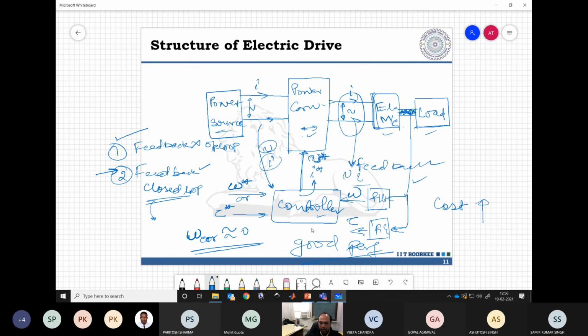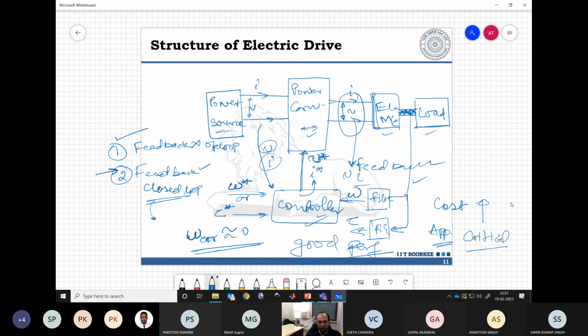There are more sensors, the controller is more robust and more capable, and a lot of other things get involved, the filters and all. The applications where we put these kinds of systems are all critical applications, like I said, air conditioning and, let us say, traction, and some other electric vehicles which run on closed loop control.